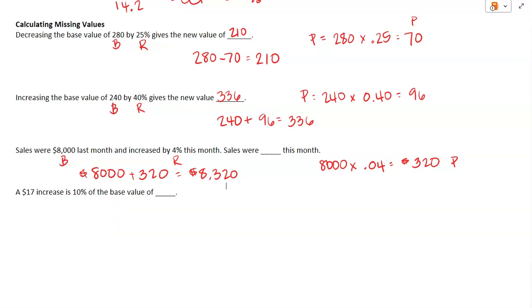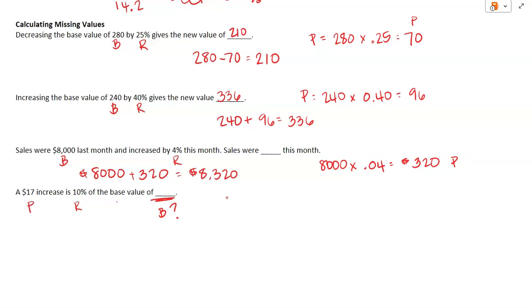Okay, and then finally, we have this last one, which says a $17 increase is 10% of the base value of what? So notice that we don't have a base here, so we need to find the base. Here's our rate, and so $17 must be our portion.